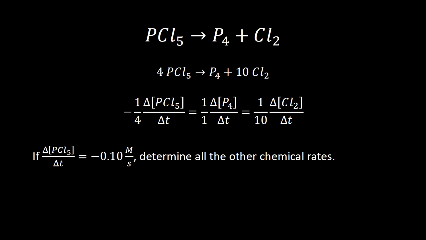That negative in front of the 1/4 is because that is a reciprocal of a stoichiometry from a reactant. Now let's say that we're told the rate of change of PCl5 was -0.1 molars per second. If that's given to us, then what are the other rates of change for the other chemical species?